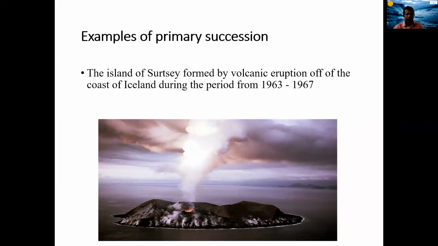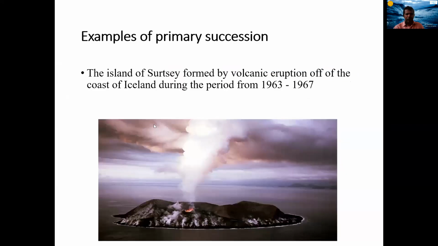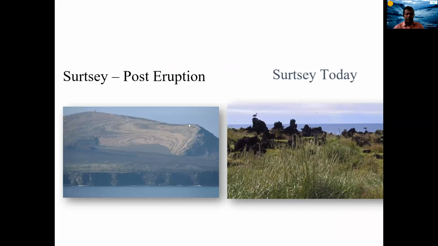This is how it looked after the volcanic eruption, and the whole island was covered with volcanic material, and the island has regrown and recovered from that disturbance, and this is how it looks today. Today means maybe another 10 years back, right?